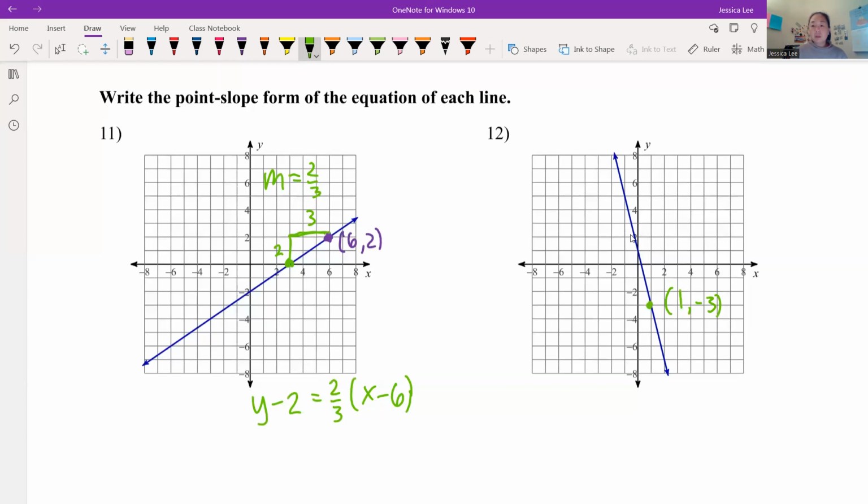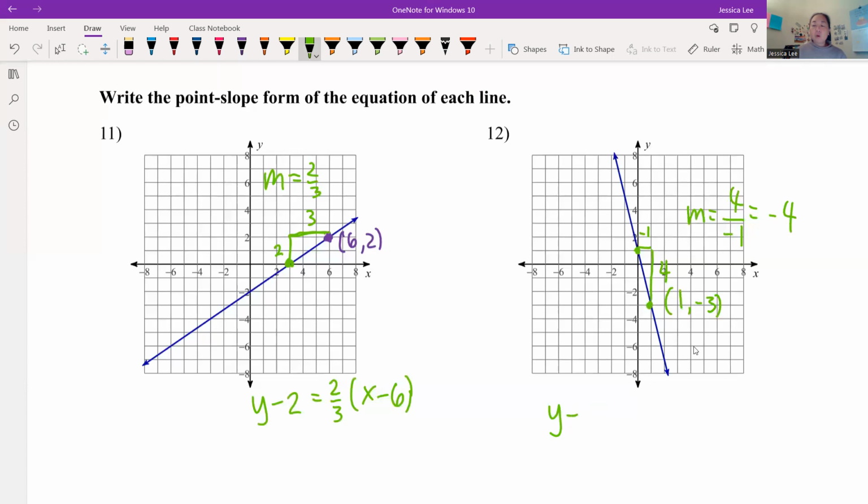And our slope looks like this is our next point there. So I'm actually going up 4 and going to the left, -1. So my slope is 4 over -1, which is just -4. Do you see how if it's a 1 on the bottom, it just simplifies to an integer? All right, so now let's try this out.